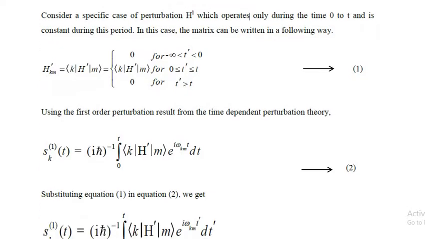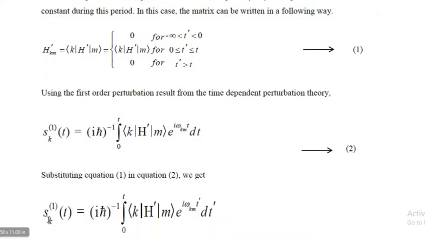So after substituting, we get S_k^(1)(t) is equal to (i h cross)^-1 integral 0 to t the matrix form e power i omega_km t prime dt prime, and I have taken the middle value because I am concentrating only on the time 0 to t.